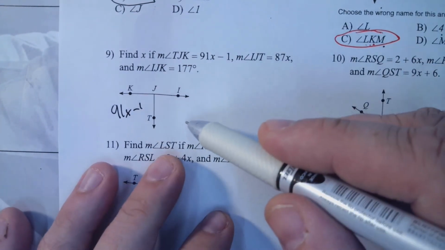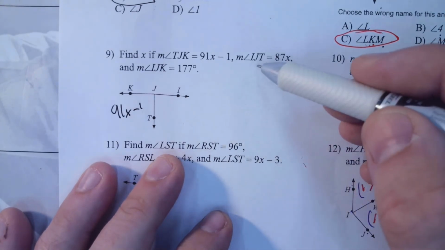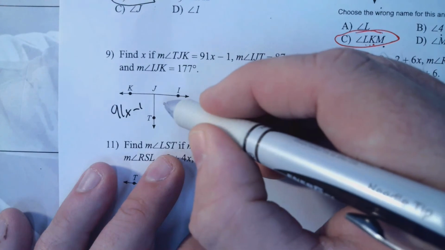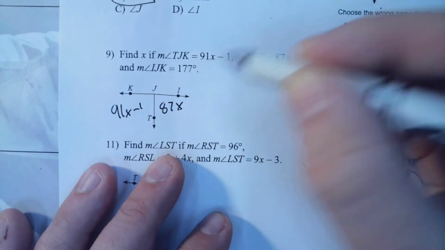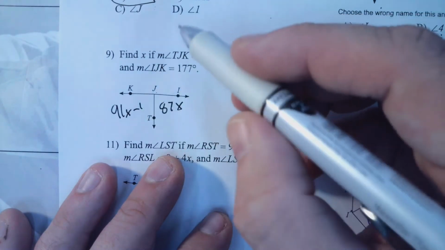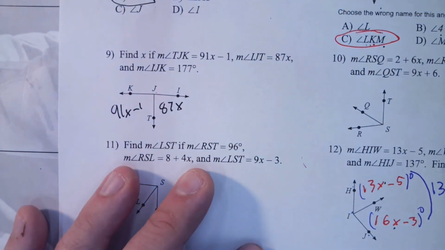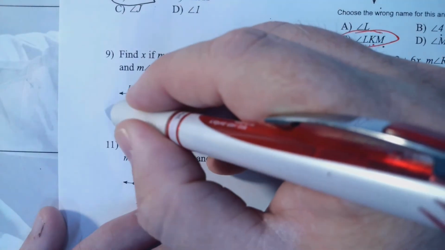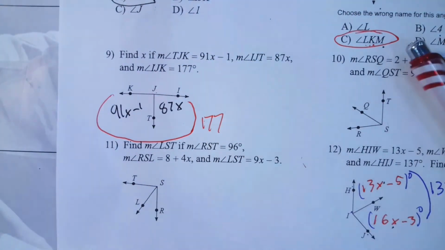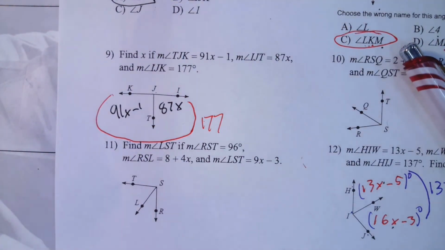This helps me organize it if I just write on the test. IJT, 87x, and IJK. So I don't really have room to do what I like to do, but basically that's all of this. IJK is 177. And so that setup is going to be basically the same thing.